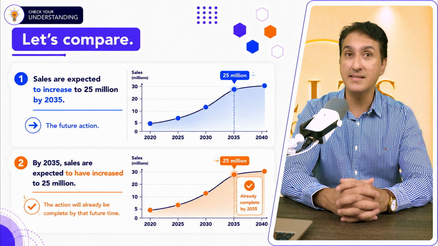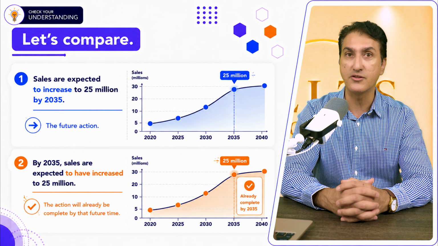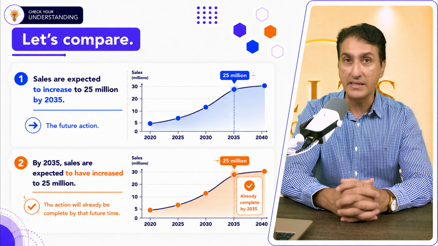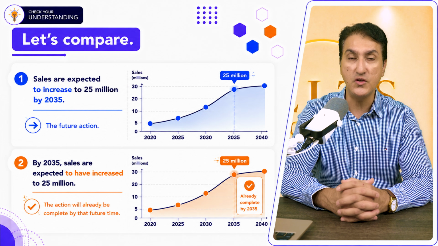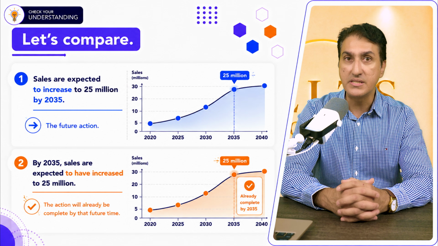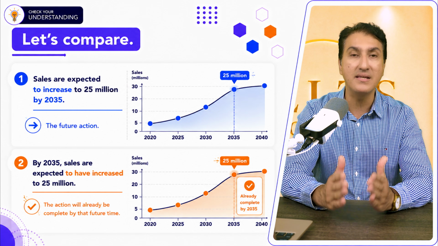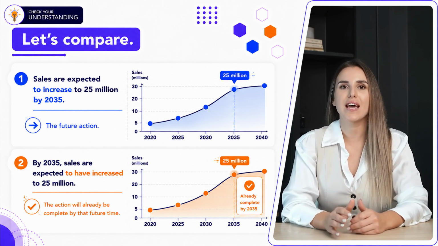This sentence is a little different. It means that when we reach 2035, the increase will already be complete. So, to increase focuses on the future action, but to have increased focuses on an action that will be completed by a future time. I think I finally understand.